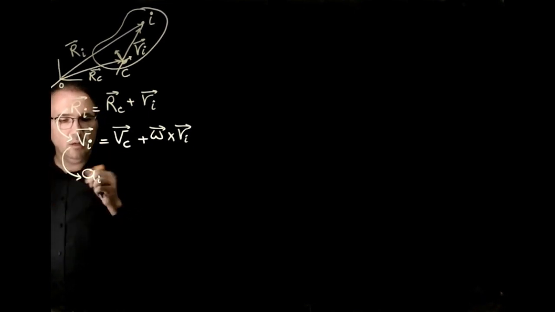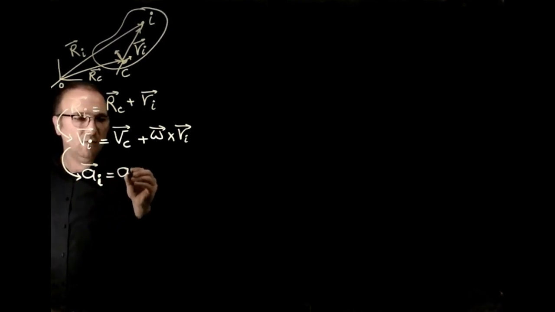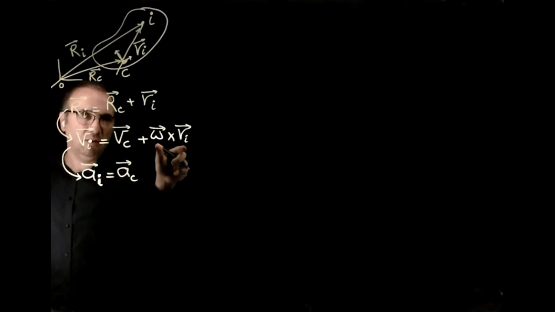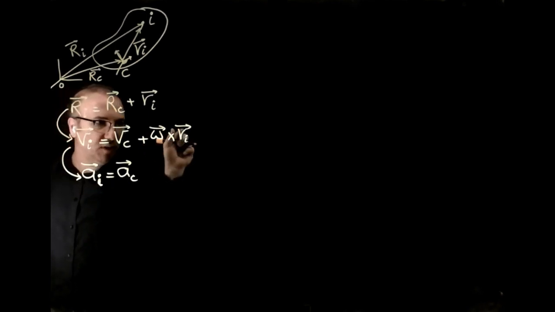And we get acceleration, one more time derivative. Ai equals AC plus this cross product. The derivative of that is like the derivative of a regular product: you would have the product rule, derivative of this times this plus this times derivative of that. The same thing for cross product.